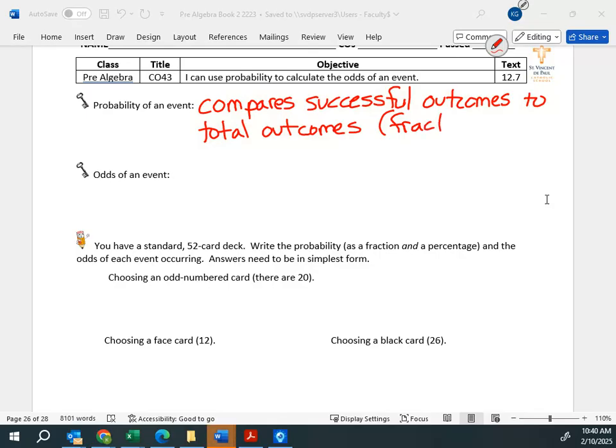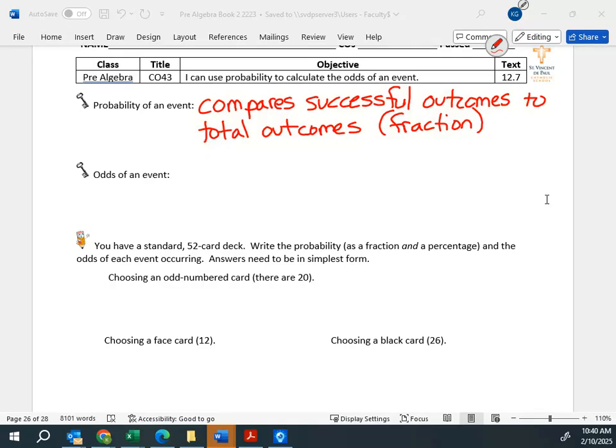It's like a fraction, where the bottom of the fraction is how many altogether, right? 25 out of 100. So comparing successful outcomes, what you want, your desired outcomes. Ooh, I want to pull a 3, and I do, it's successful. Out of total possible outcomes.